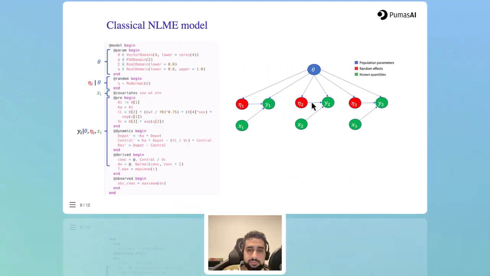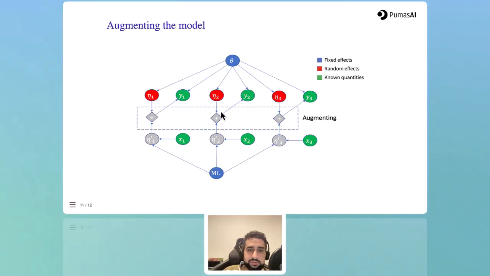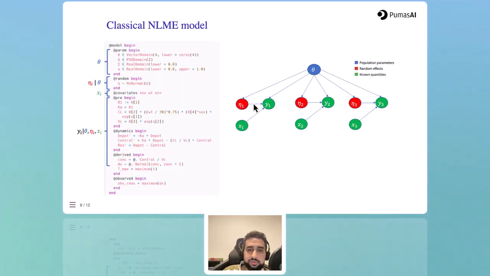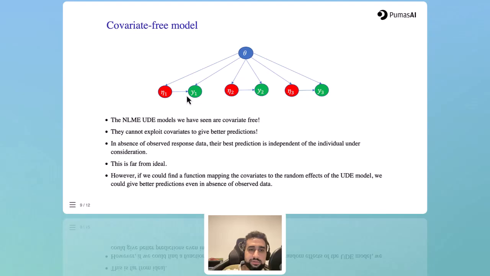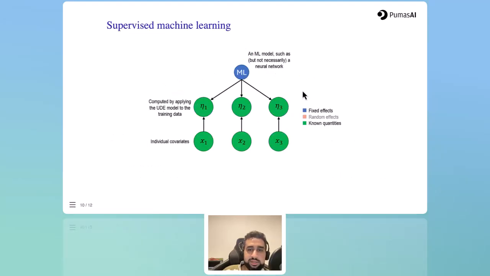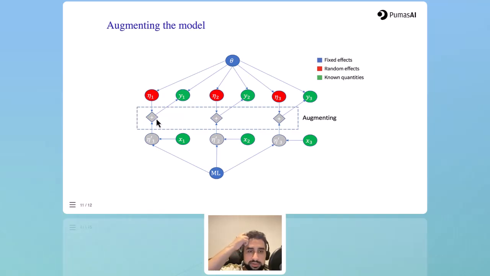And so when we look at this figure here, the way to think about it is that once we add these two, then this arrow here represents the exact same relationship that Y2 used to have on eta2. So previously in the model, Y1 used to depend on eta1, Y2 used to depend on eta2, and Y3 used to depend on eta3, actually in this model here as well. And so this arrow here now is going to be the exact same relationship as the relationship between Y1 and the sum of eta1 and the output of the neural network.